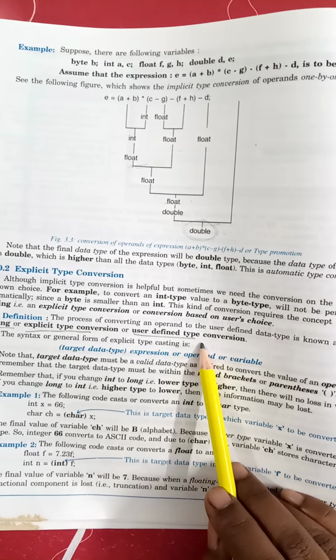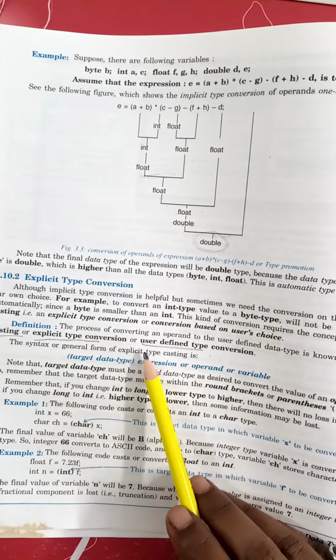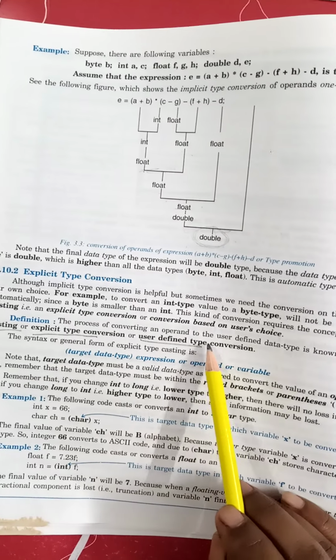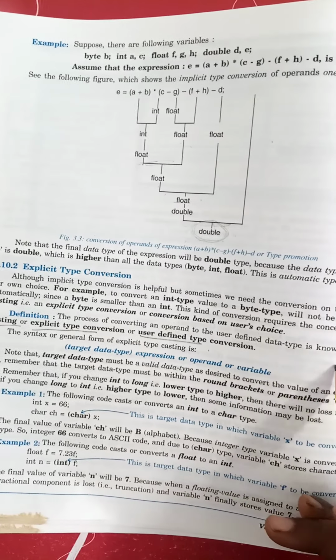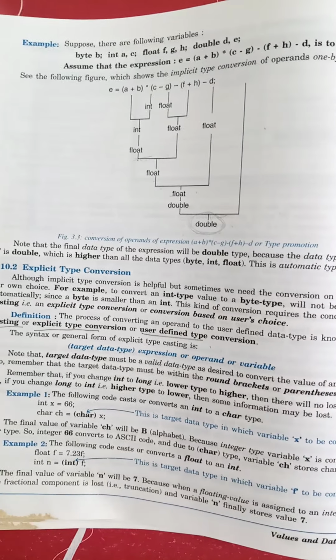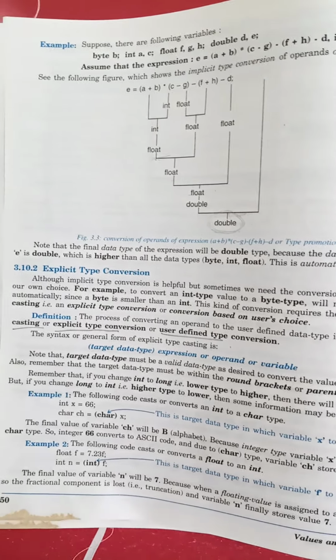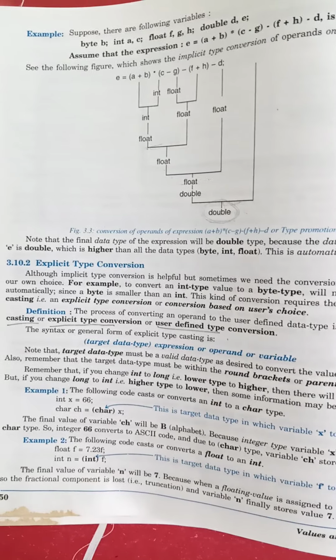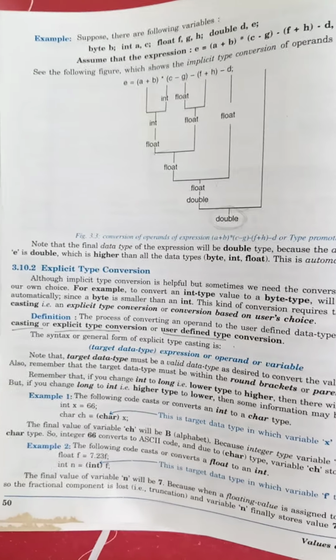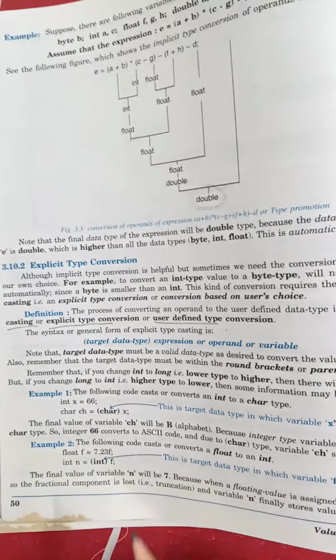If you convert the data type of an operand from one type to another, that is typecasting. You are casting the type of the variable.